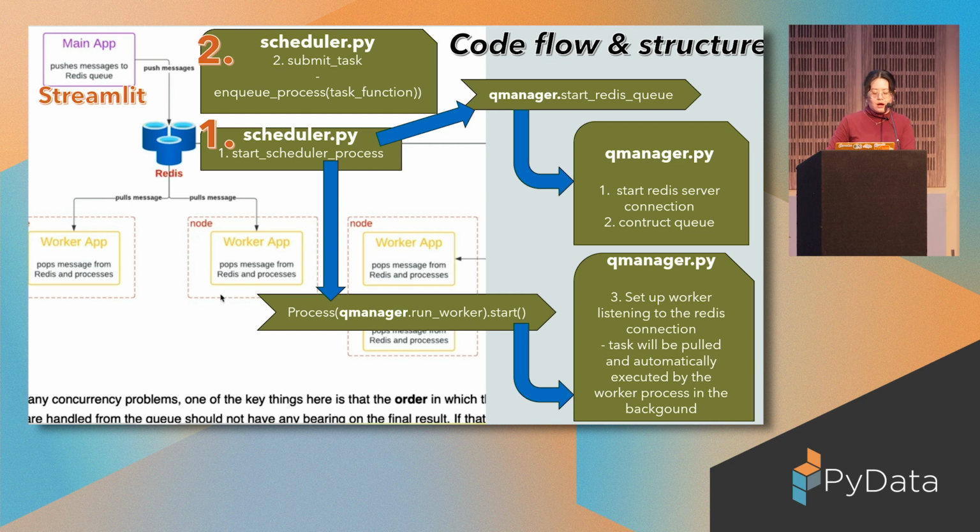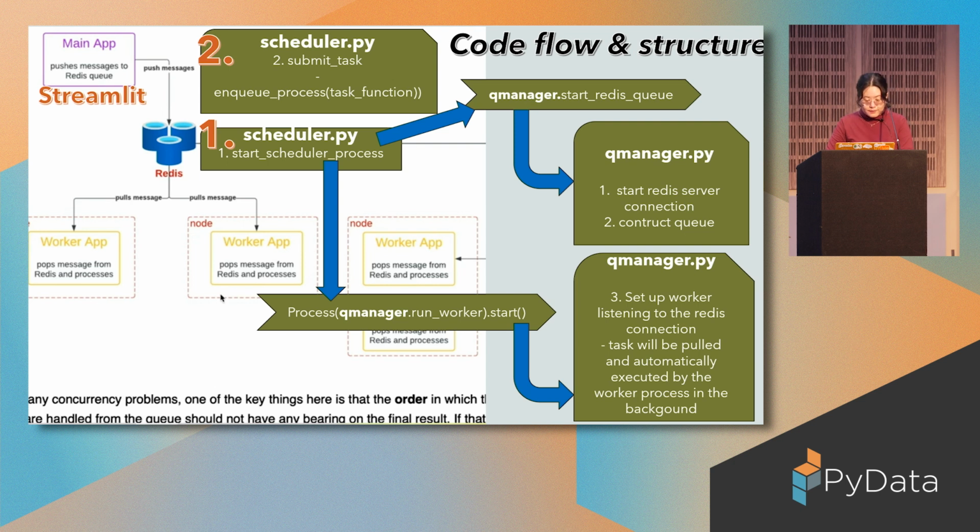It also spins up another process, using multi-processing, that actually starts the background worker in the background. For the worker to run, we set up the worker listening to the Redis connection, and for the task to be pulled automatically and executed.